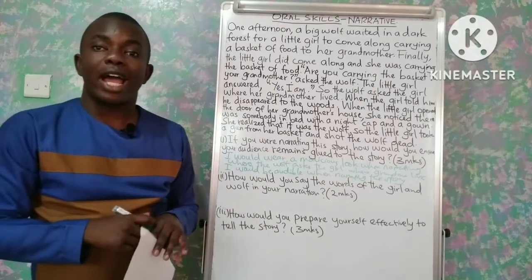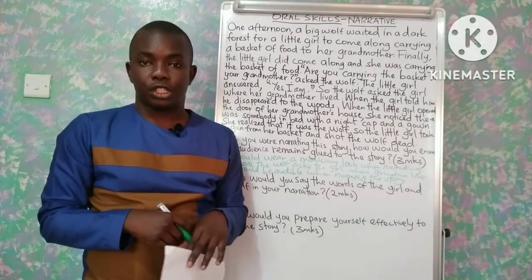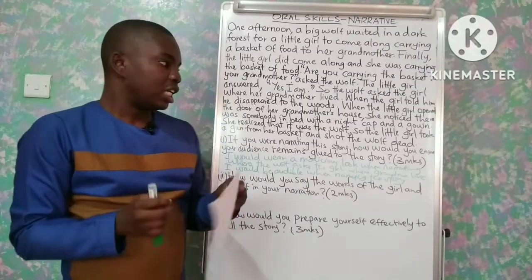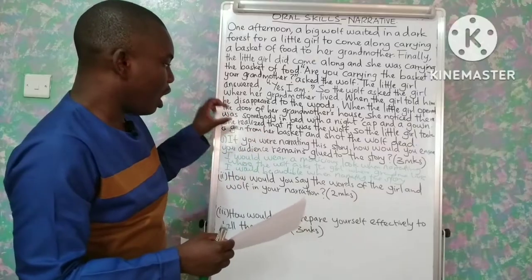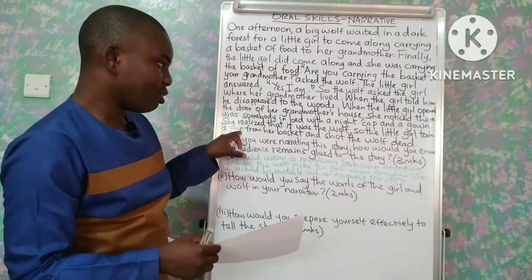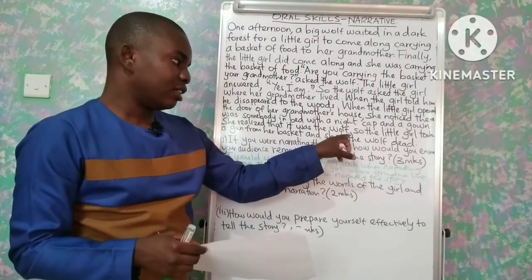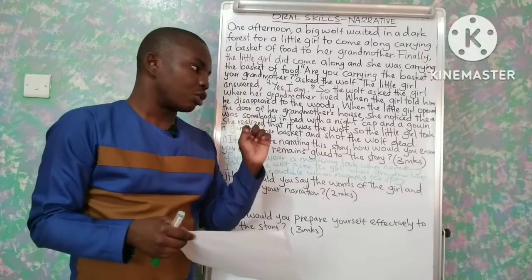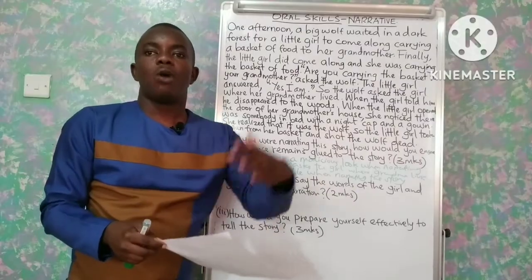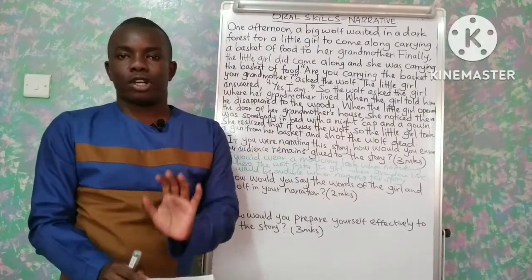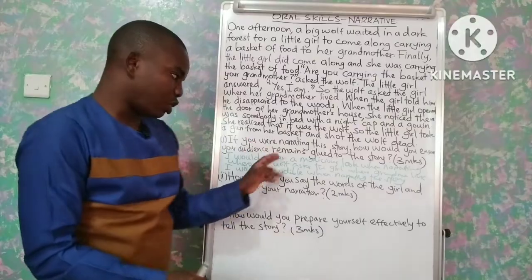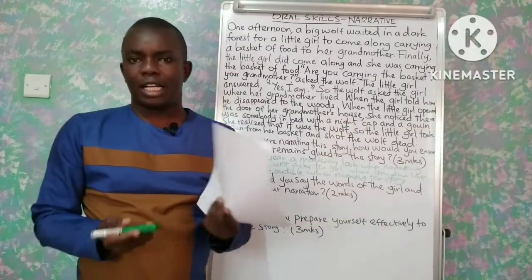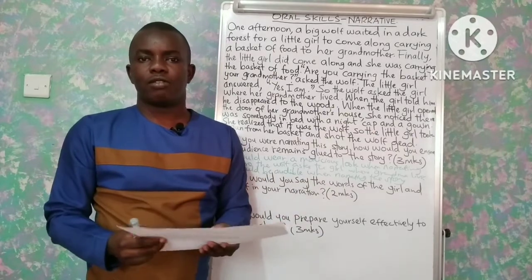I would also employ tonal variation, especially at the last part, which reads, "So the little girl took a gun from her basket and shot the wolf dead," I would lower the pitch of my voice. So that is also a response that a candidate can give.